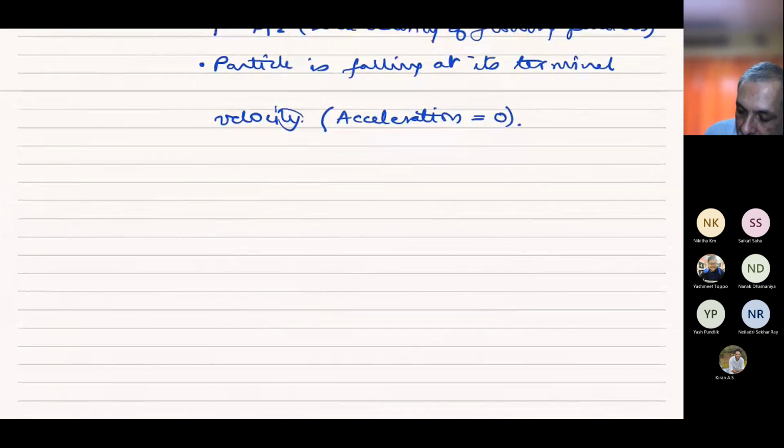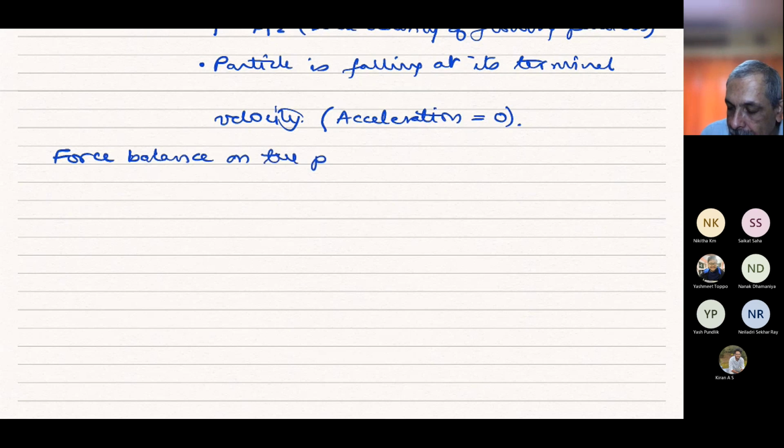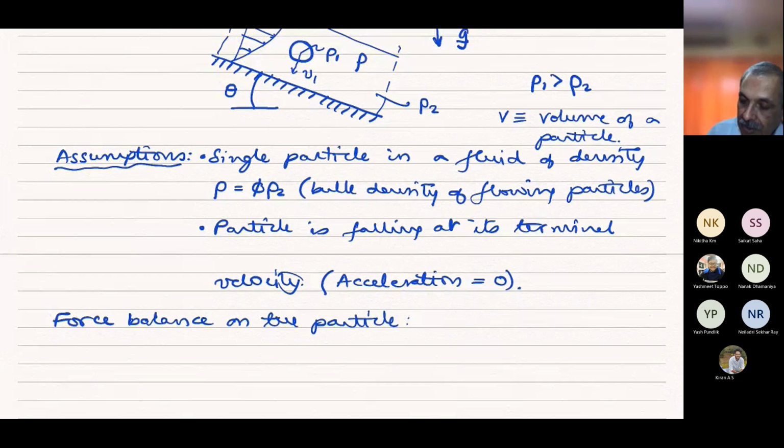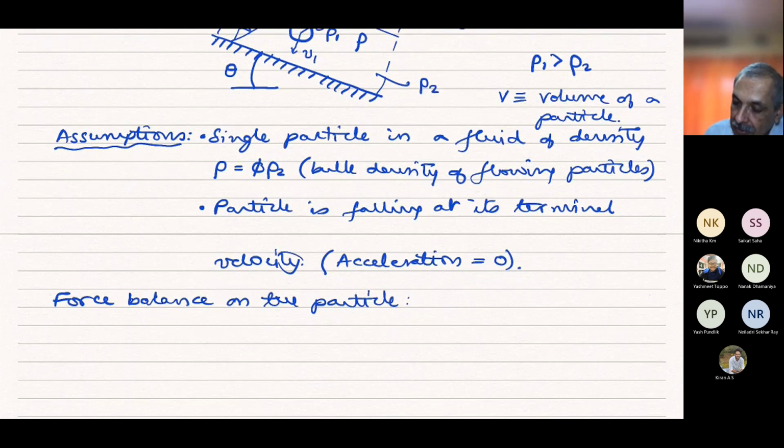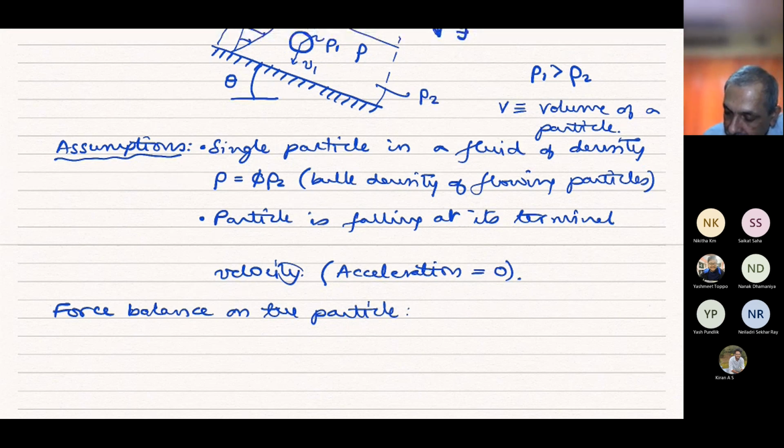And then if we do a force balance, if you look at the force acting downward, that is going to be the weight of the particle.